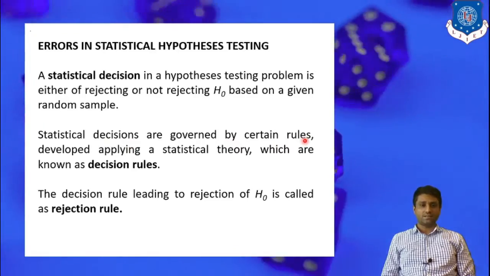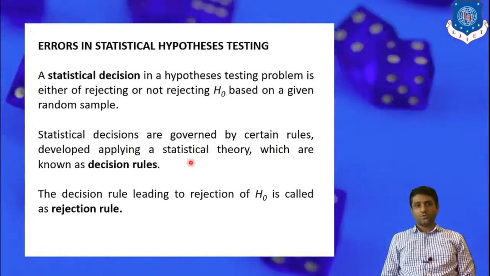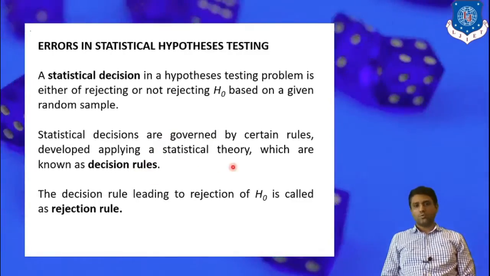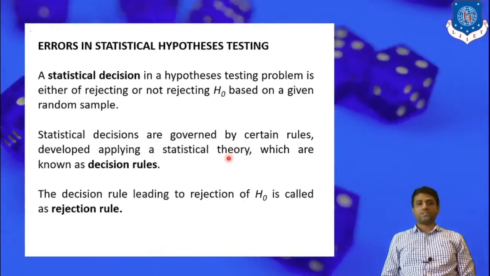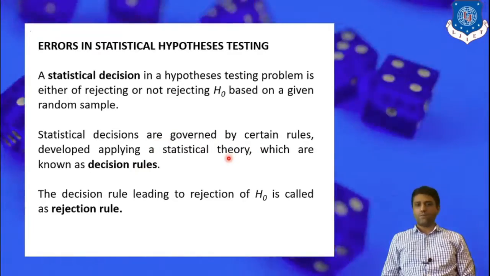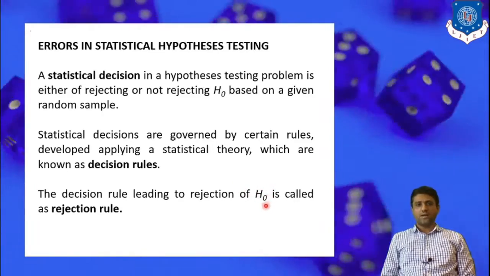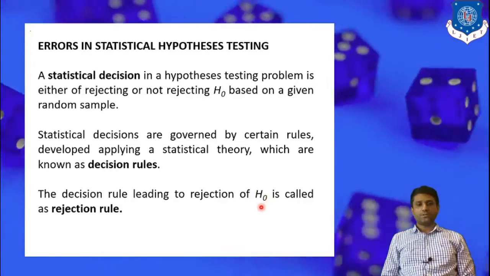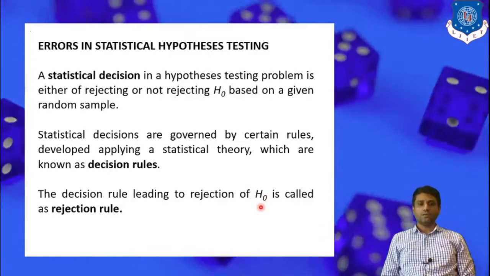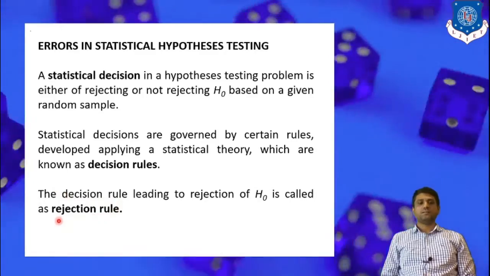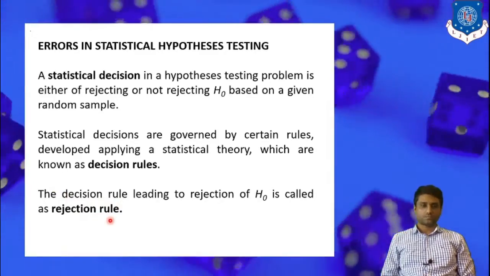So there are certain rules to check whether the hypothesis is right or wrong. We have to include some statistical theory which is already developed, and just follow that theory. So finally we have to tell whether the null hypothesis is right or wrong. Taking this type of decision is known as the rejection rules.